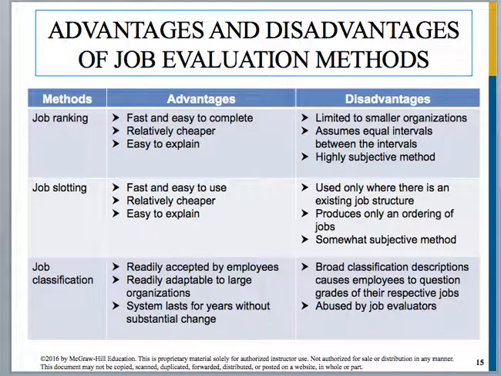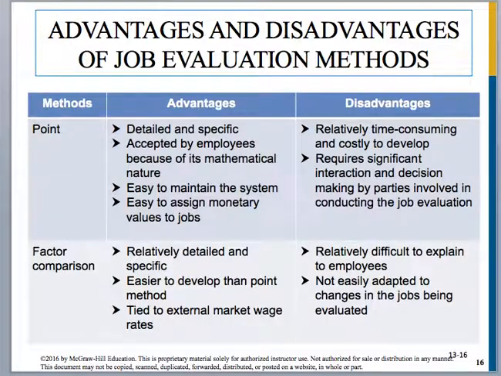Job classification is readily accepted by employees. The system lasts for years without substantial change. However, it can be abused by job evaluators, and the broad classification descriptions cause employees to question the grades in respect to the jobs that are being performed, and their jobs in particular. The point method makes it easy to assign monetary values to jobs.